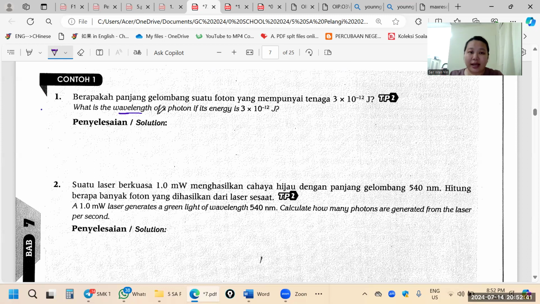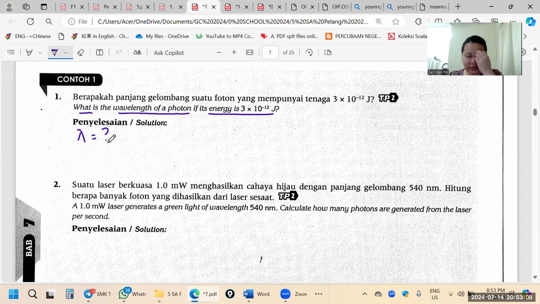What is the wavelength of a photon if its energy is this? Please write the info, alright? During this exam, I find out many people don't write the info. So they say, what is the wavelength of the photon? Wavelength, question mark. They don't give some information about wavelength, you also need to write it here.